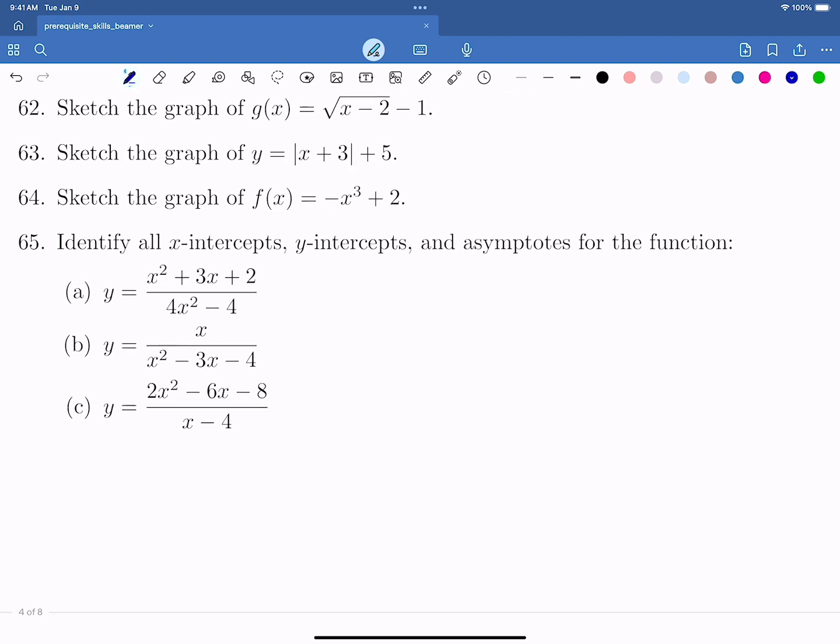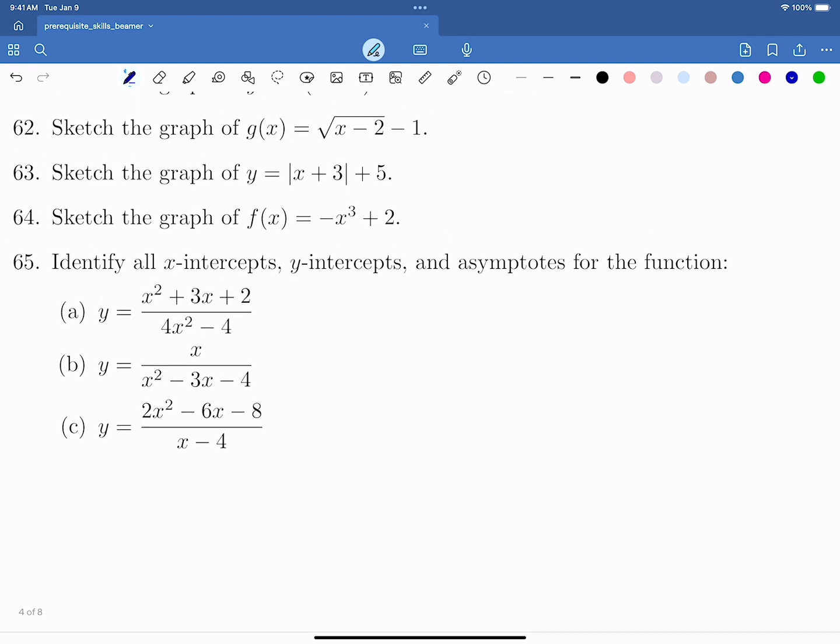Okay, and then the last one here, we want intercepts and asymptotes. So x-intercept, let y equal 0. 0 equals 2x squared minus 6x minus 8. I'm just going to let the numerator equal 0. A fraction can only equal 0 when the numerator is 0. I can factor out a 2. x squared minus 3x minus 4.